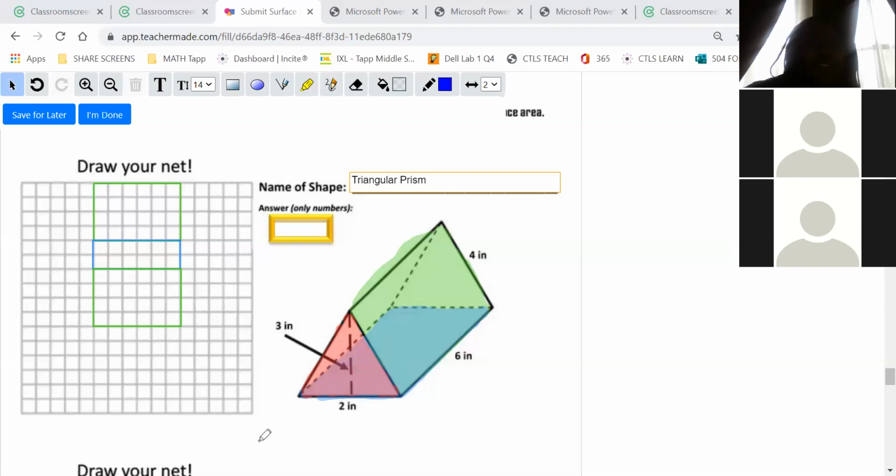All right, so I see that for this triangle, the base is 2. And my height is 3. So from that base, I'm going to go up 3 blocks.